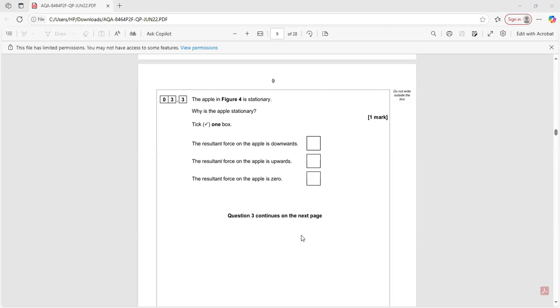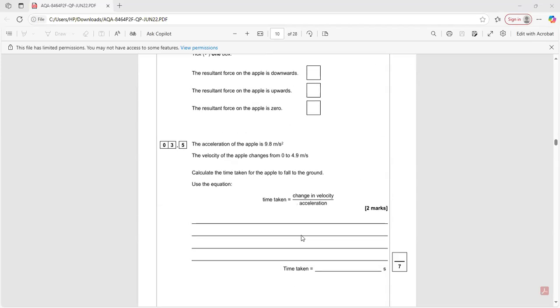Why is it so? Because stationary means it's not moving. And at the same time, you remember forces that are equal and opposite. By the time they act on each other, the resultant is 0. So that's the reason why it's not moving.